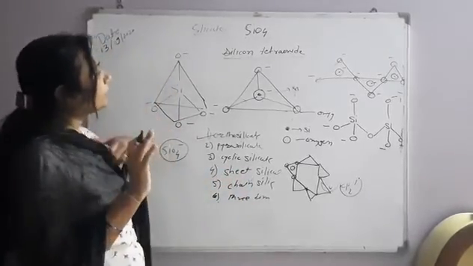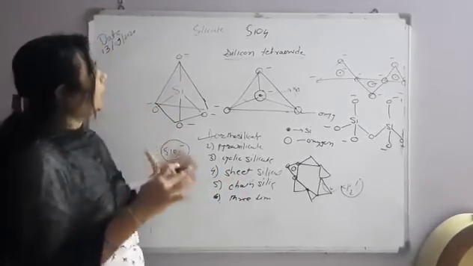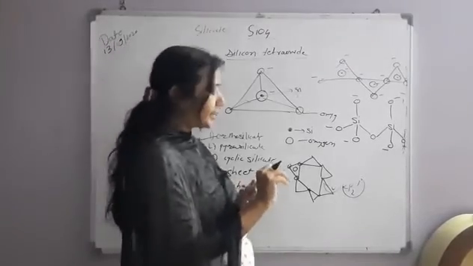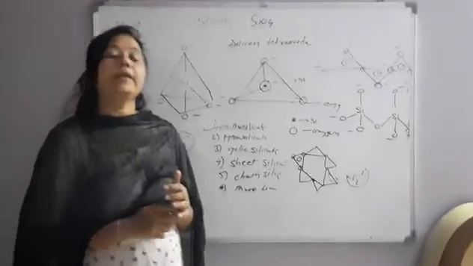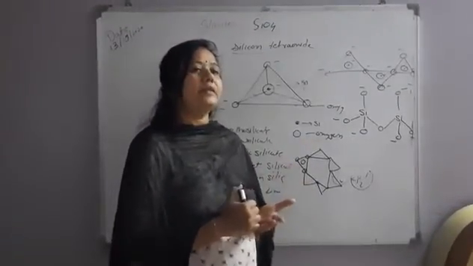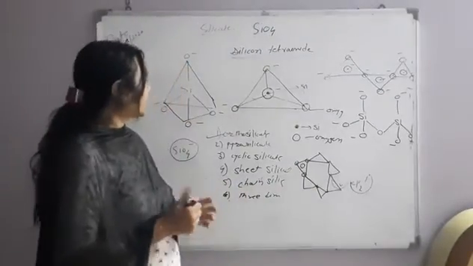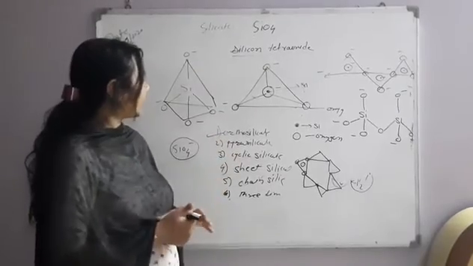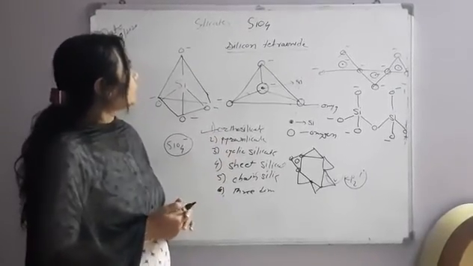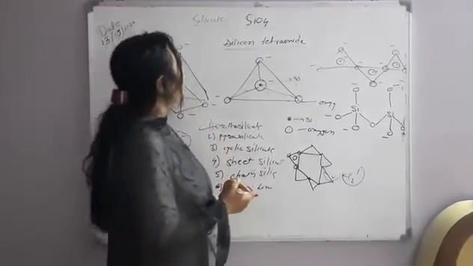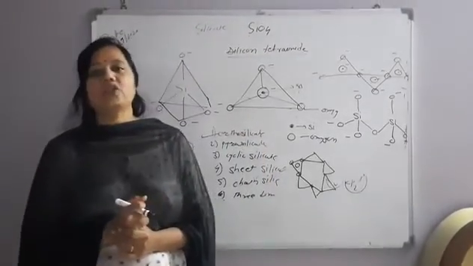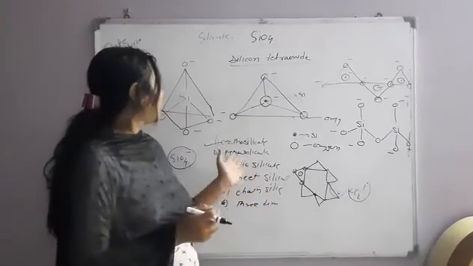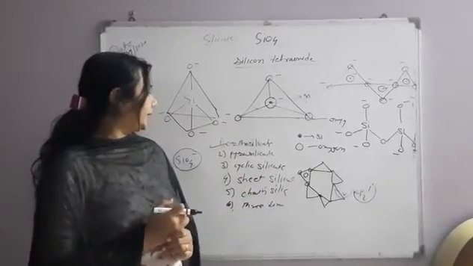They have different formulas and different examples, associated with different metal atoms. Depending on the metal they are associated with, they are classified as ortho, pyro, cyclic and sheet silicate. Student, this is about the SiO4 tetrahedron. In the next video we will discuss the classification of silicates such as pyro, ortho, cyclic, sheet and chain silicate.